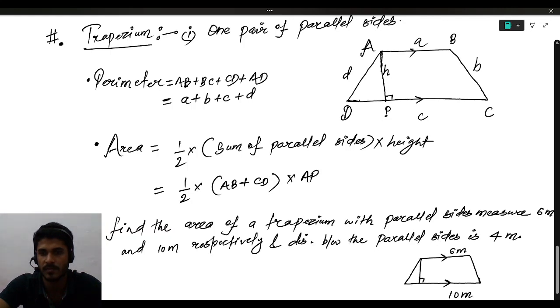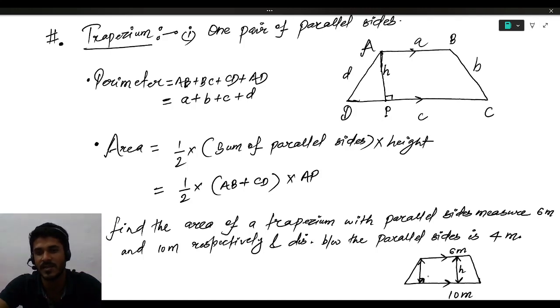This perpendicular line is the distance between the two parallel lines, which is given. So indirectly it is the height given in the question, which will be h. This is simply a perpendicular drawn from the opposite vertex to the base. Okay, so use the formula.